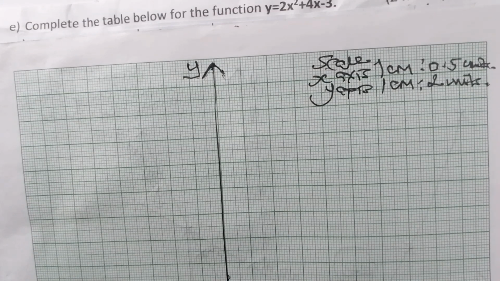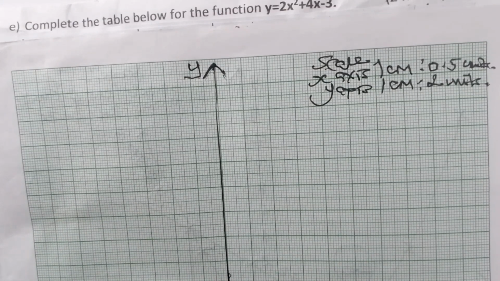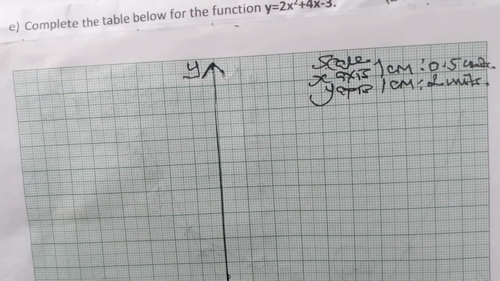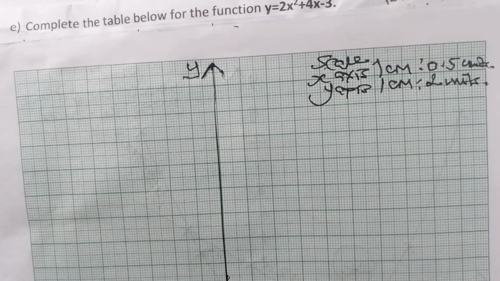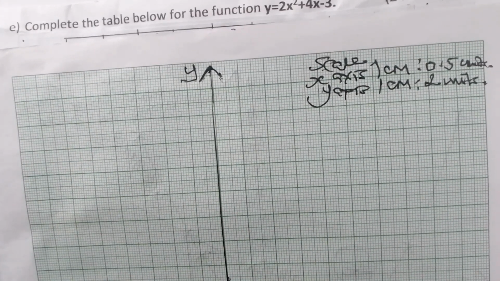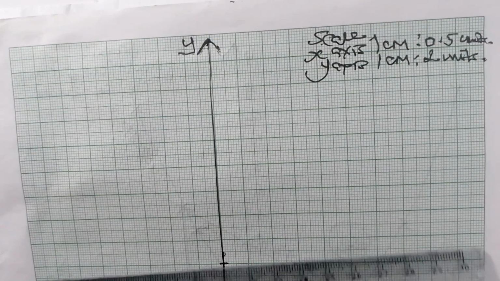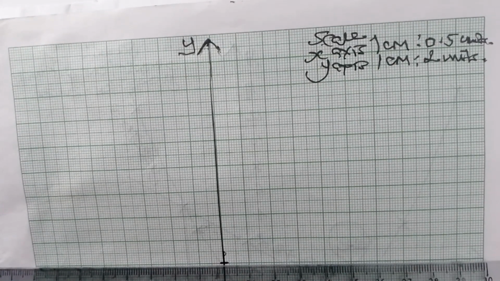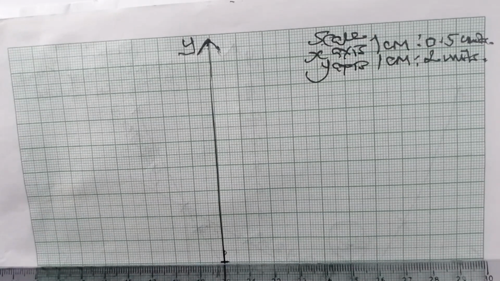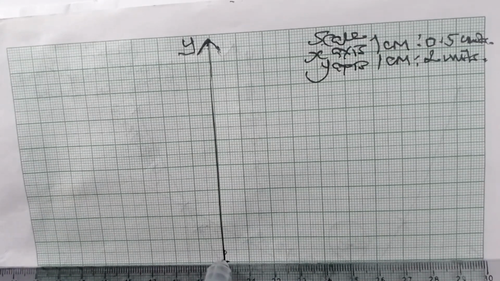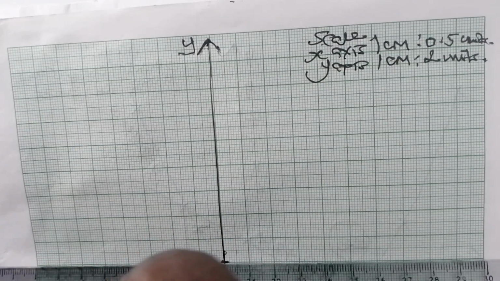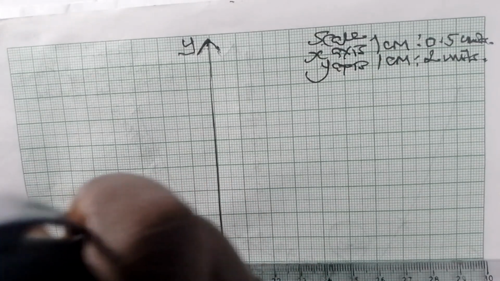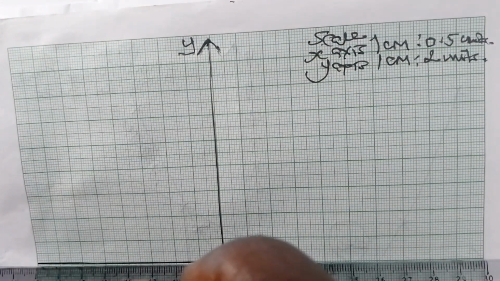So our x-axis can be drawn there. So we draw again, take the ruler, and we draw our x-axis here.